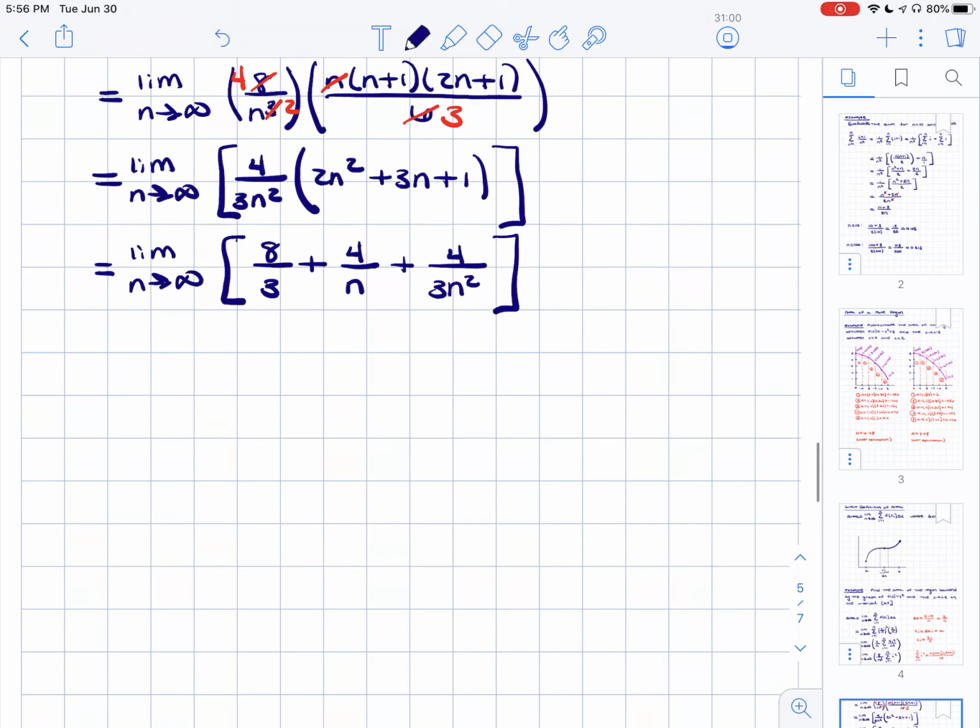All right, so then lastly, to take our limit, as n approaches infinity, both of these two terms on the end that have the n in the denominator are going to go to 0. And of course, this guy, 8 over 3, is just going to approach 8 over 3. So our final answer here is 8 over 3.